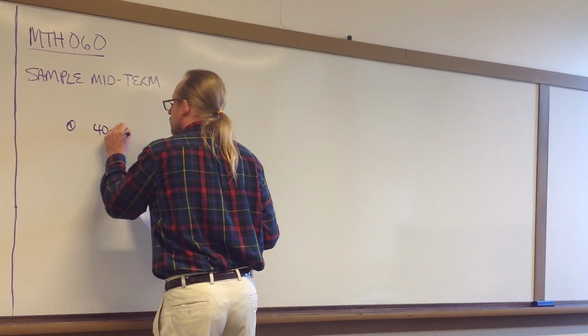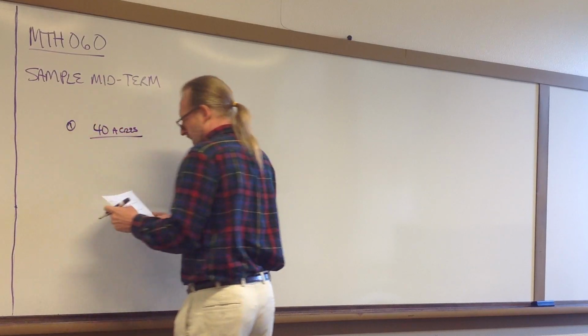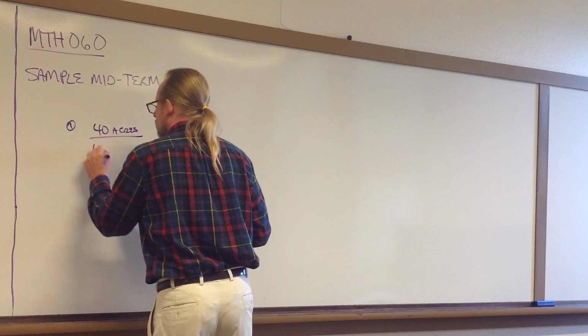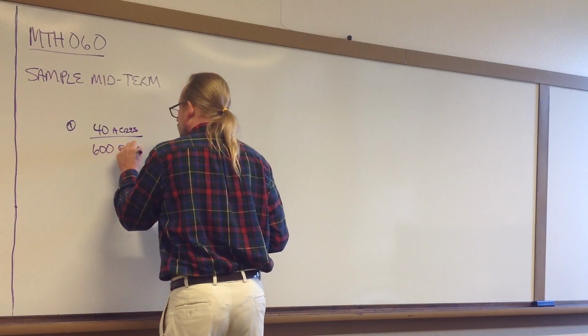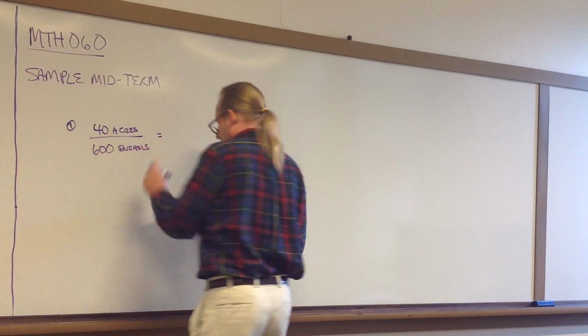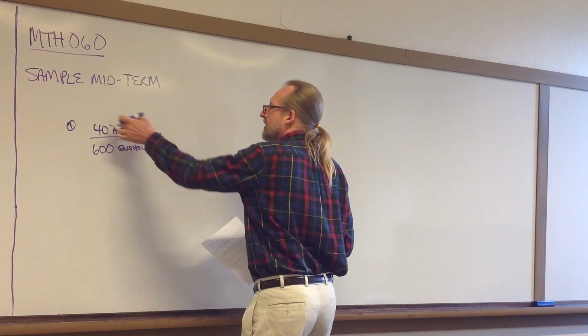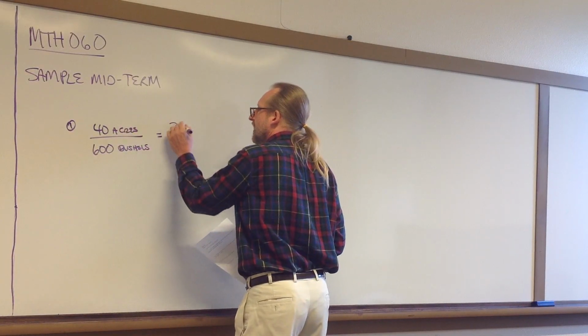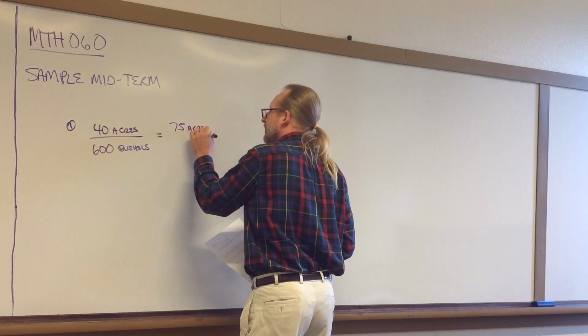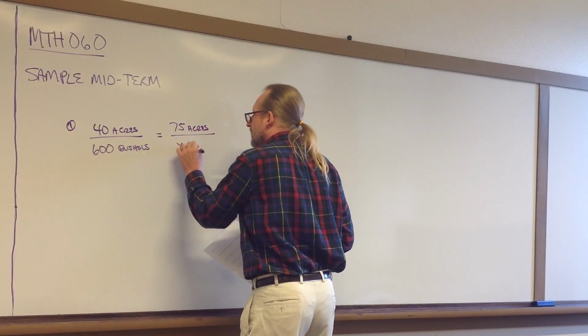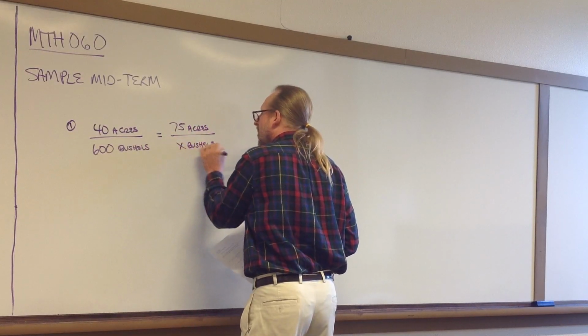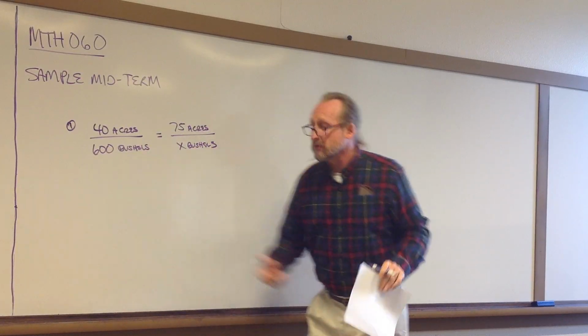We've got 40 acres, and that's going to produce 600 bushels of wheat. And then a 75-acre field, remember we want to line the 75 up with the 40 acres, and then the X bushels will line up with the 600 bushels.